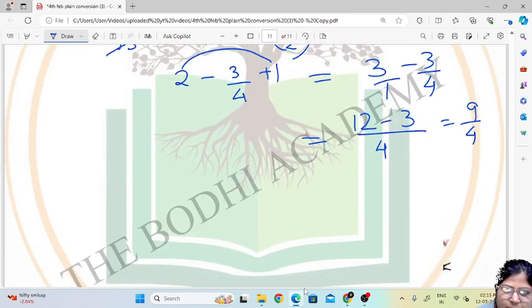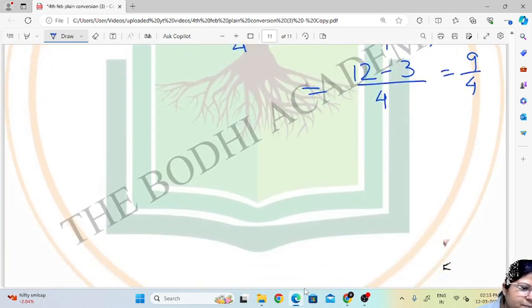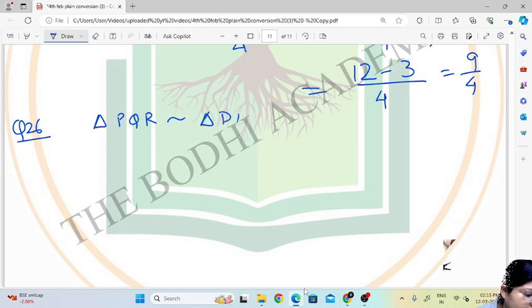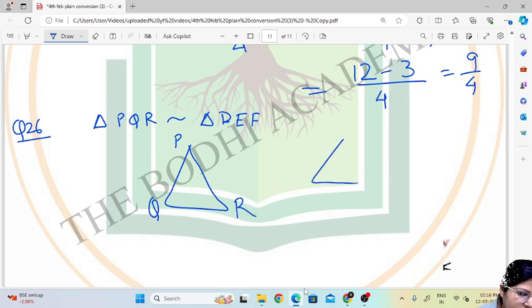Coming to question number 26. Triangle PQR is similar to triangle DEF. So draw the triangle PQR and the triangle DEF.